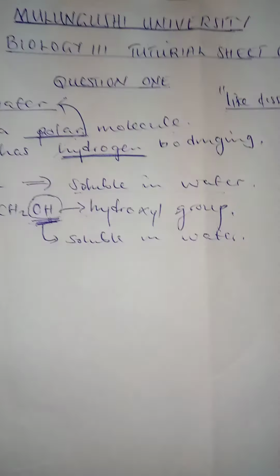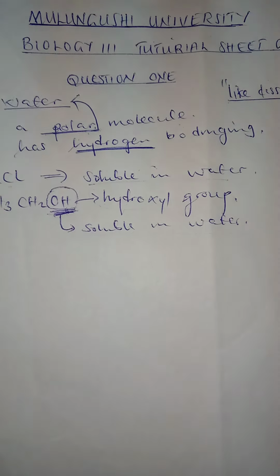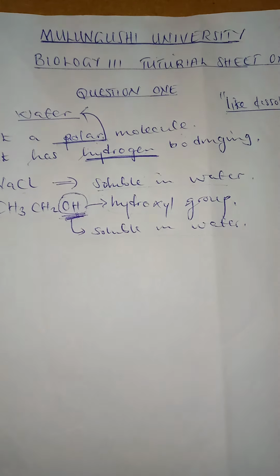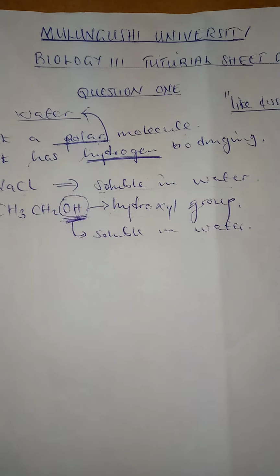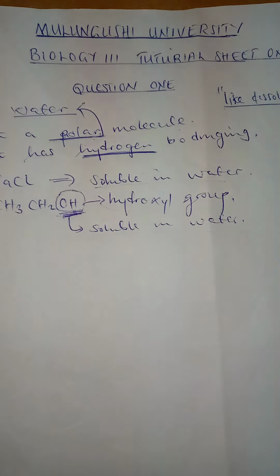If that's the case, then ethanol is also soluble in water. I guess you guys will understand it. So ethanol is soluble in water because it has a hydroxyl group, and this hydroxyl group is capable of reacting with the water to form hydrogen bonding.